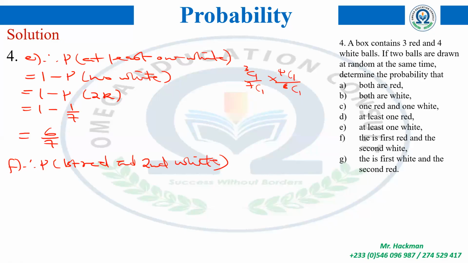Obviously, you all know that if you treat this one as 1 red, 1 white, then it means you are going to have 3 combination 1, times 4 combination 1, all over 7 combination 2. Is that clear?